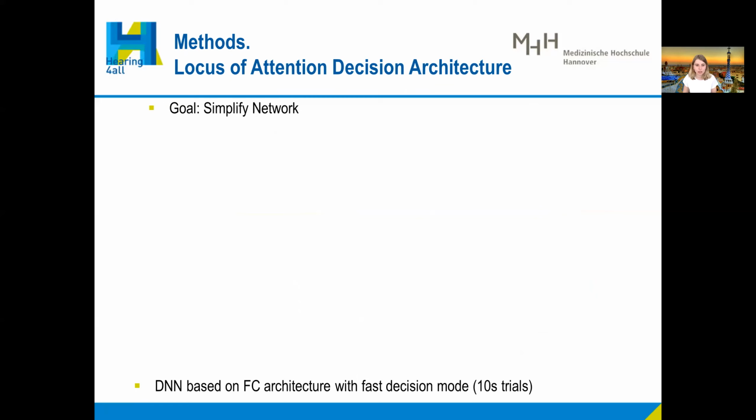So we decided to simplify the network, and as I mentioned before, we were changing the audio each 2 minutes, the audio which we were presenting to a person. So this allowed us to implement a decision architecture, which was decoding the locus of attention.